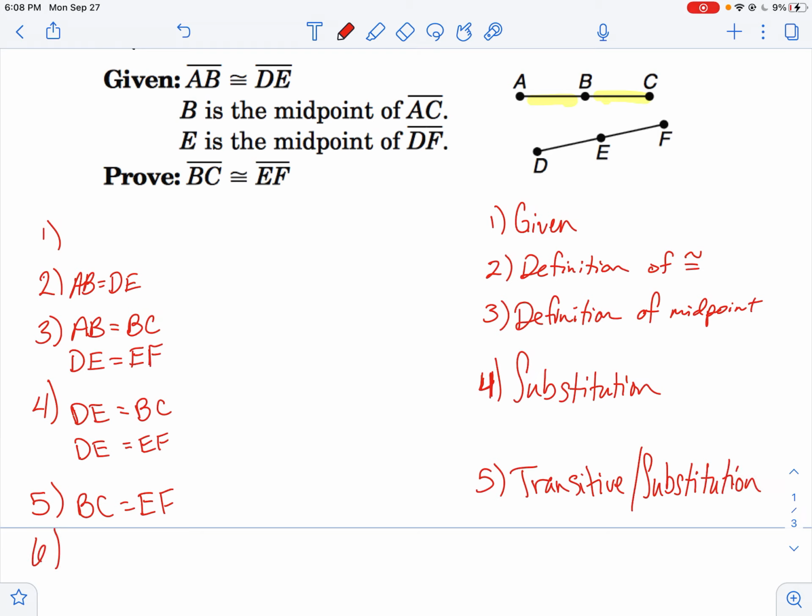And our final step, of course, is that if they're equal, then by the definition of congruent segments, if they're equal, then they are congruent.